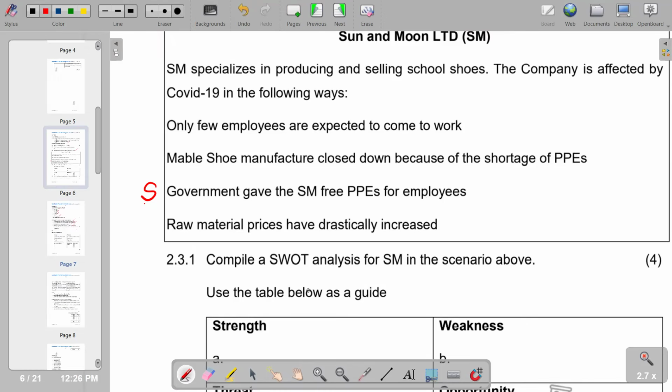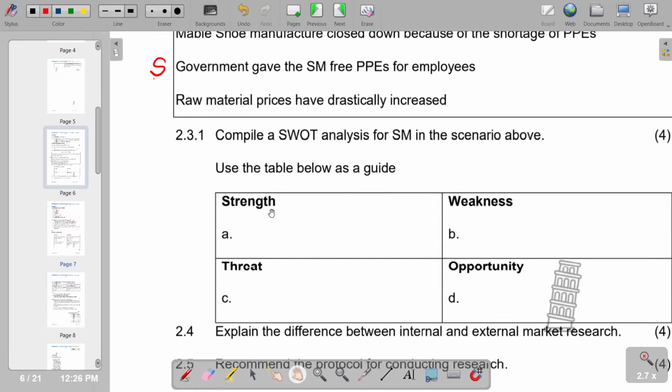Then we check again in terms of the weakness. Here it reads: only few employees are expected to come to work. When few employees come to work, it becomes a weakness because we are going to save less labor. And then we check according to threats.